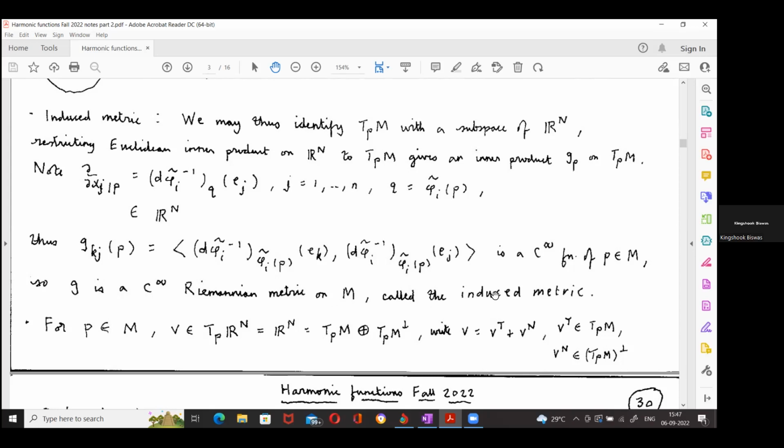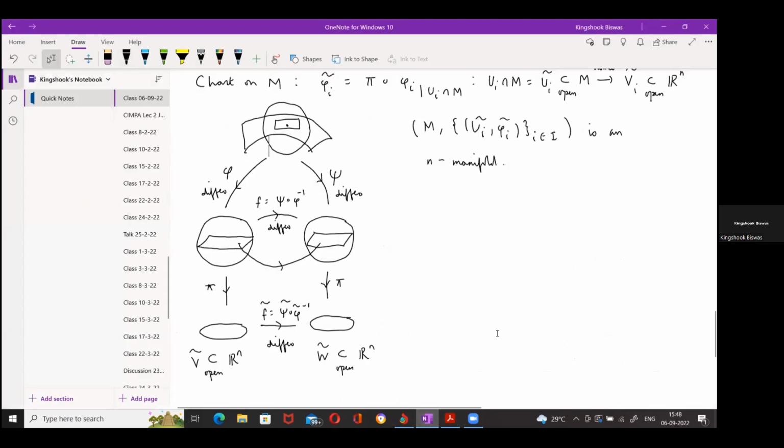This is called the induced metric. So any submanifold of Rn is naturally a Riemannian manifold with the induced metric. I've done this a bit formally, but in the picture it's clear what is happening, right?